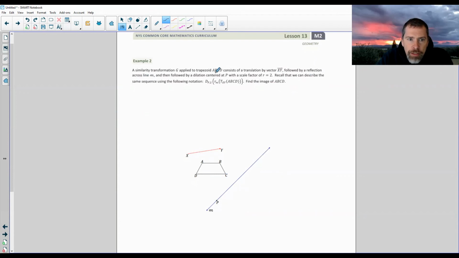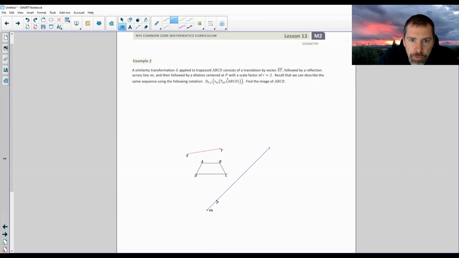It says, recall that we can describe the same sequence using the following notation, which says dilation about center P, scale factor of 2. This means a reflection across line M of a translation by vector XY of trapezoid ABCD. So just keep in mind, when we're doing these things, we work from the inside out.